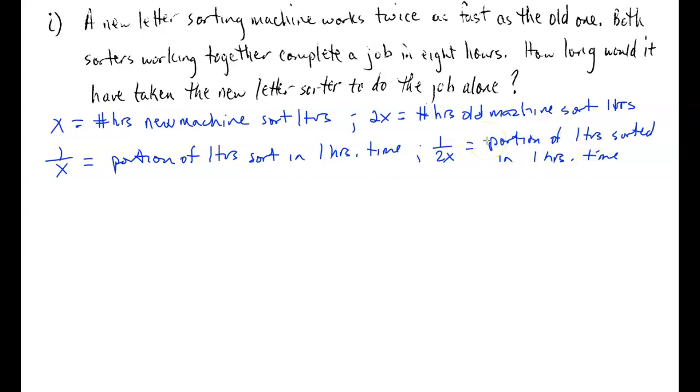Now, the other thing that we know is that the time that it takes for the letters to be sorted with the old and new machine working together, that time is 8 hours. So here I'm going to let that be T, which is time to sort letters, new and old machine together.